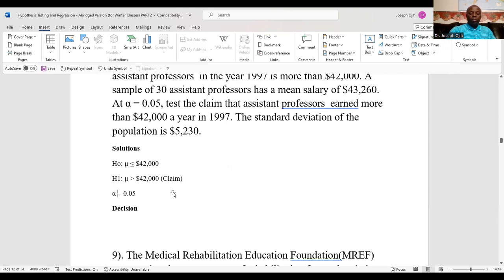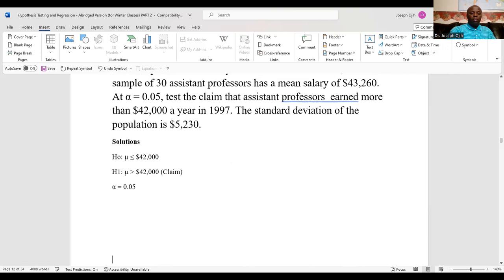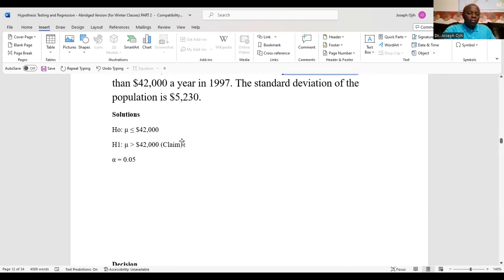The critical value from the table of normal distribution. If you draw the charts, you're gonna be in this form. Let me get the critical value first of all. Because this is a one-tailed test, because it says greater than, it's going to be a right-tailed test.